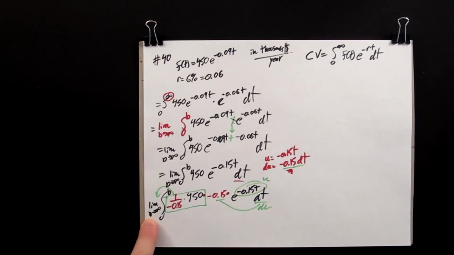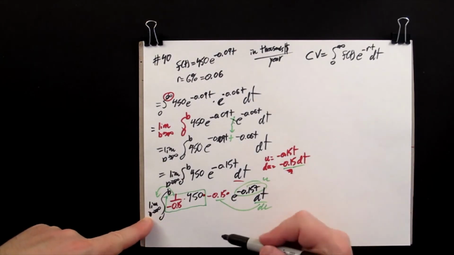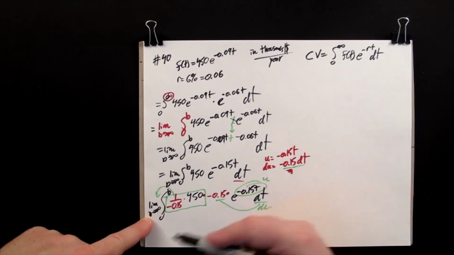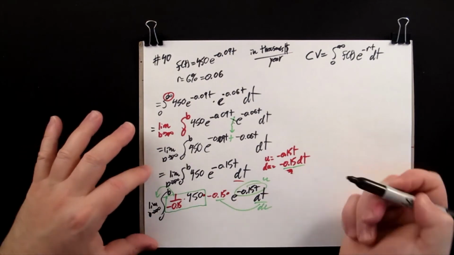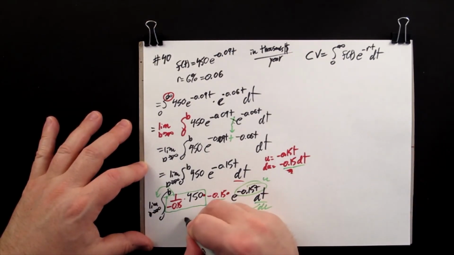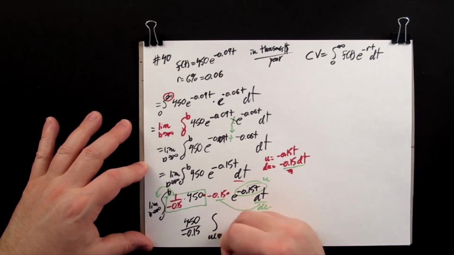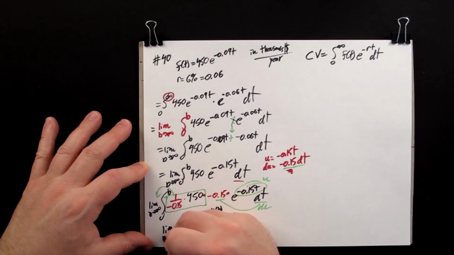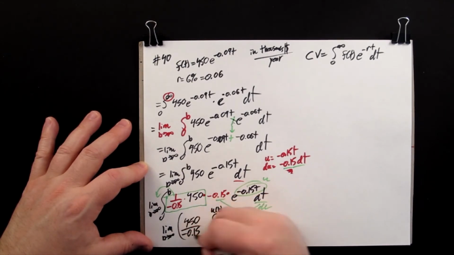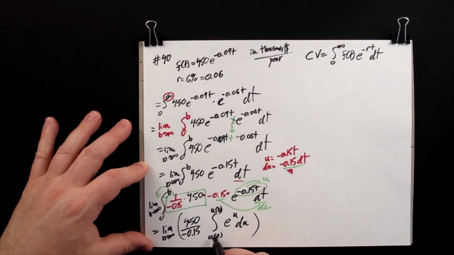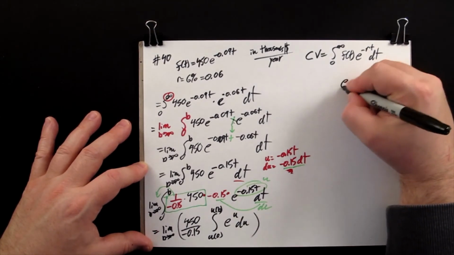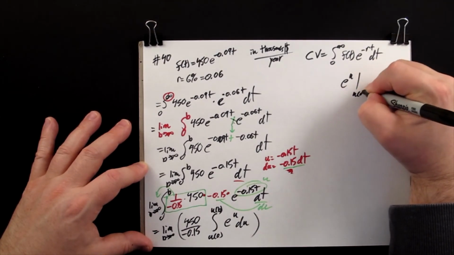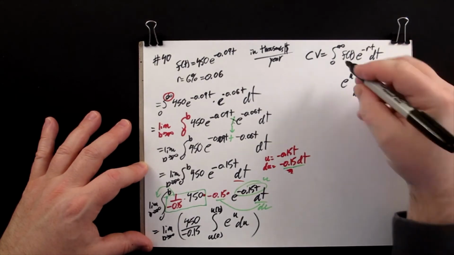Because this limit is in terms of t, it's better to make the u sub and then switch back to the t variable. So with that coefficient there, we have u of 0, u of b, and then this is e to the u du, and we still have this limit here. The u sub worked, so that's e to the u evaluated from u of 0 to u of b.